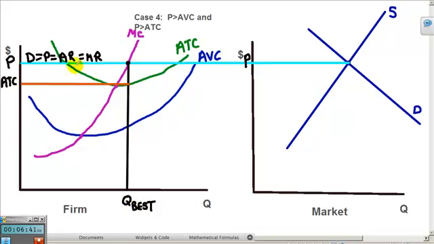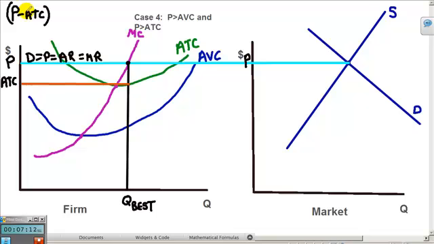So remember, when we look, we say price minus average total cost. That's the profit or loss per unit. In this case, it's a profit, because the price is more than the average total cost. In case 2, the price was less than average total cost, so this was a negative number in the parentheses, so it was a loss.